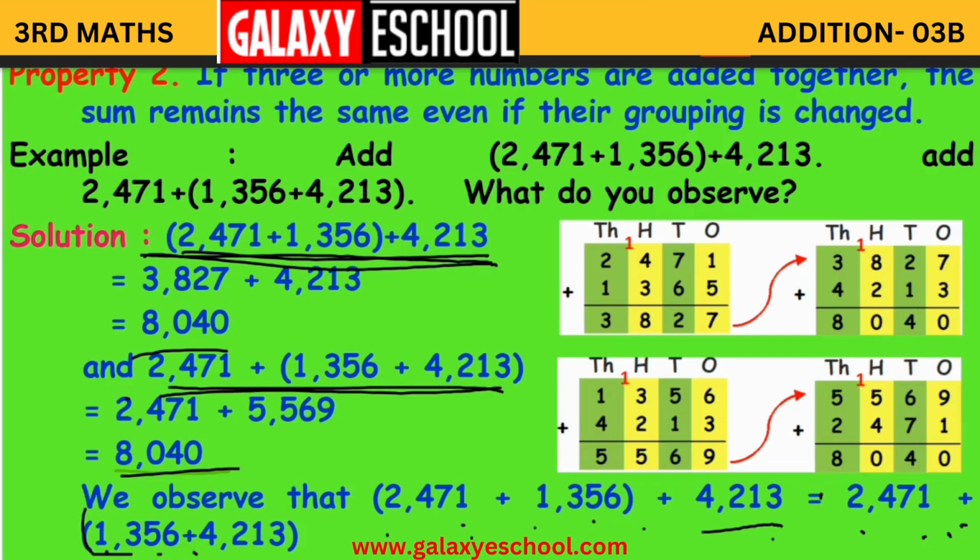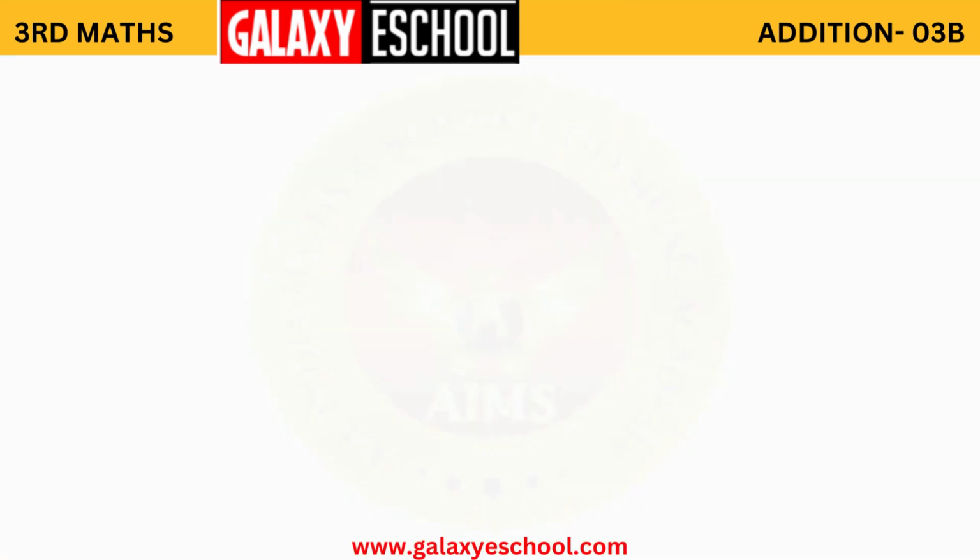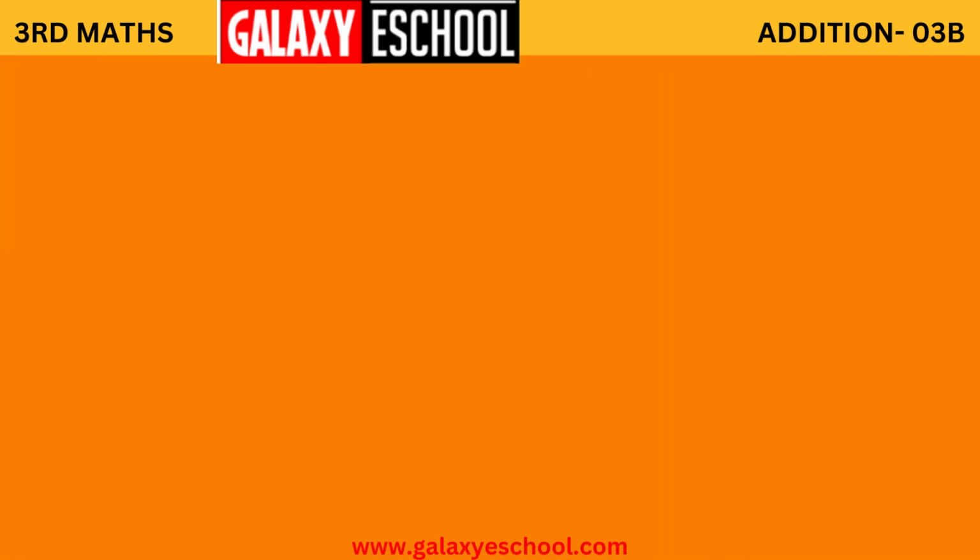Yes children, we got the same answers, right? So we can put equal to between both the questions. When both the answers are same, that means both the questions are same, so we put equal to between both the additions. Yes, this was the associative property of addition.